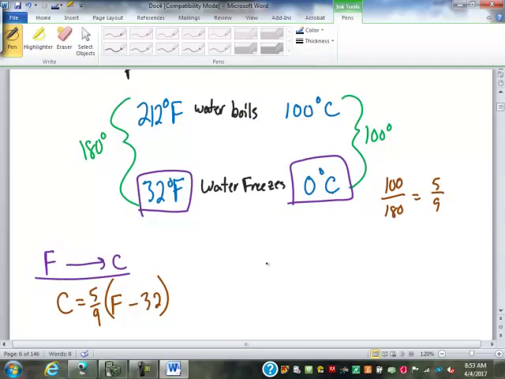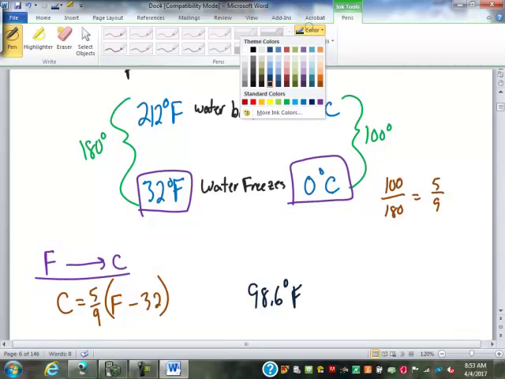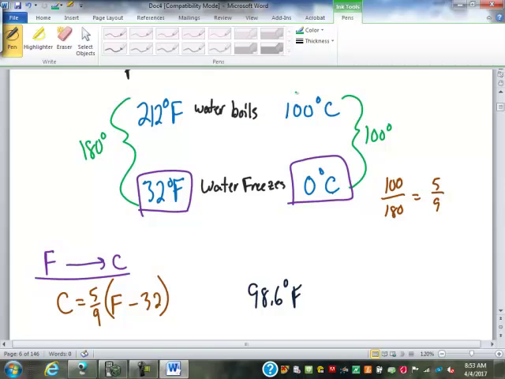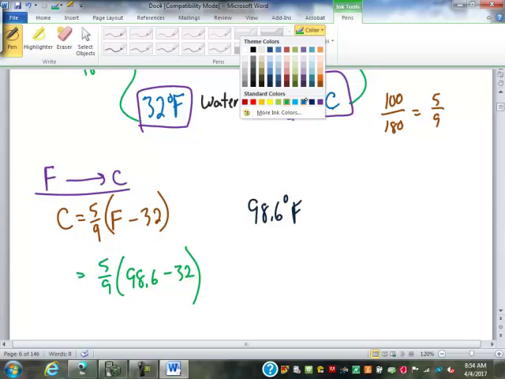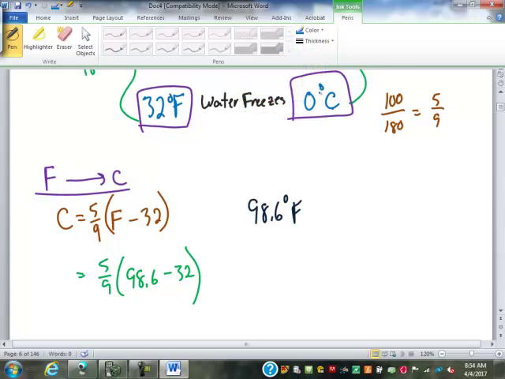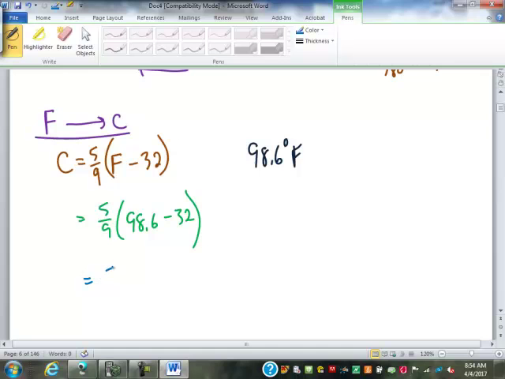So let's do human body temperature. What's human body temperature in Fahrenheit? 98.6 degrees Fahrenheit. So let's convert that into degrees Celsius. 98.6 minus 32 is 66.6.